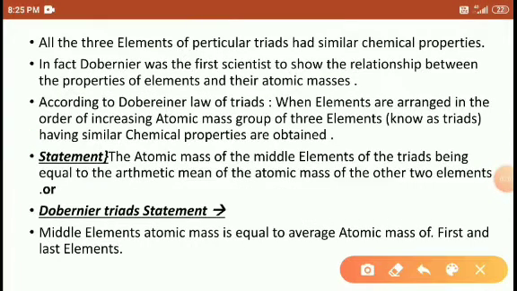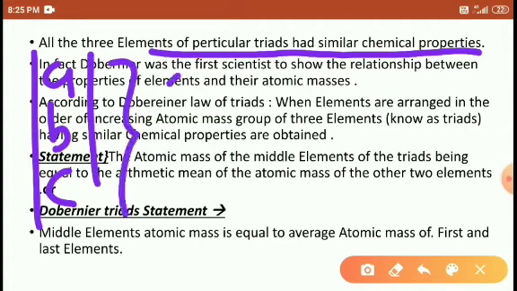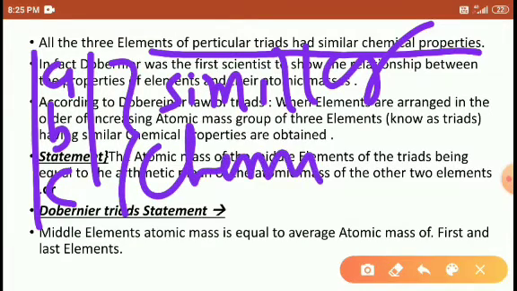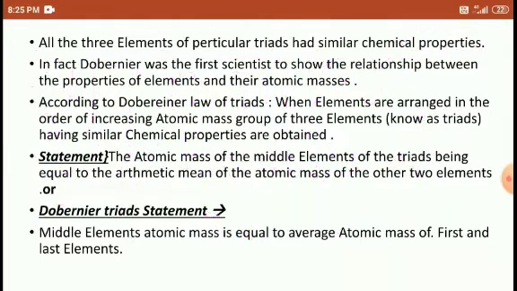All three elements in a particular triad have similar chemical properties. Dobereiner took three elements, the first A, second B and C, which exhibit similar chemical properties. So three elements combined to make one group is called a triad.